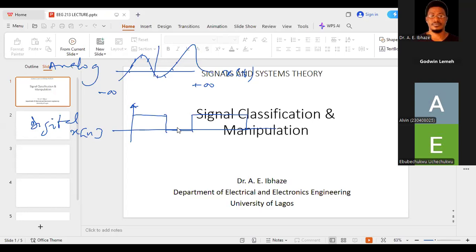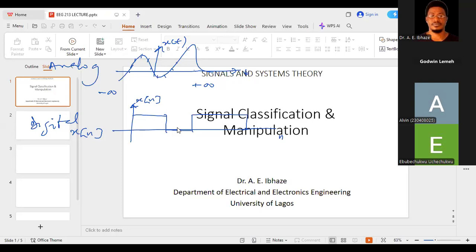So we could say s of t, where this is the time interval. So let's designate that properly. Our time space here is n, then we say x of n. We already specified that we designate our discrete signal using the square brackets, while the normal brackets we use for our continuous time, okay?